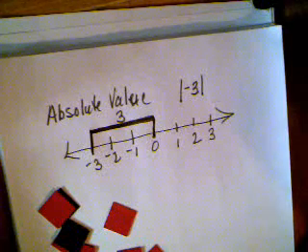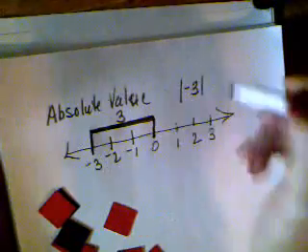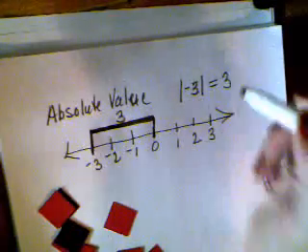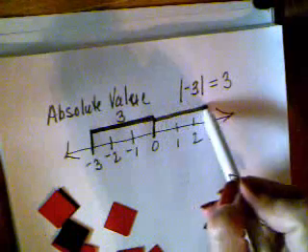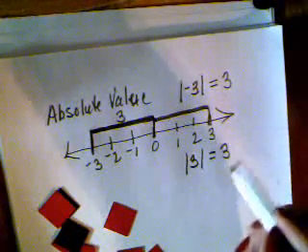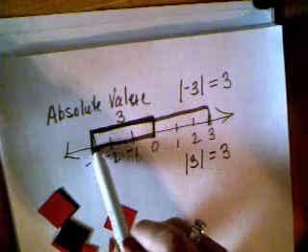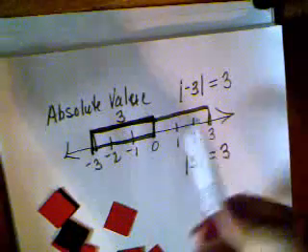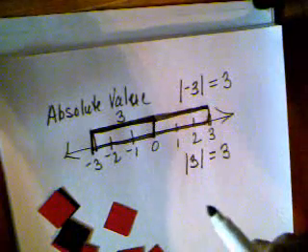I don't need a negative, which says it's left of 0, and I don't need a positive, which says it's right of 0. So the absolute value is 3. If I ask you what the absolute value of 3 is, it's going to be 3, because the distance away from 0 is the same for negative 3 as it is for positive 3.